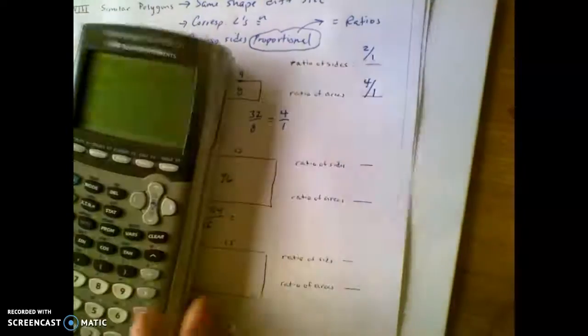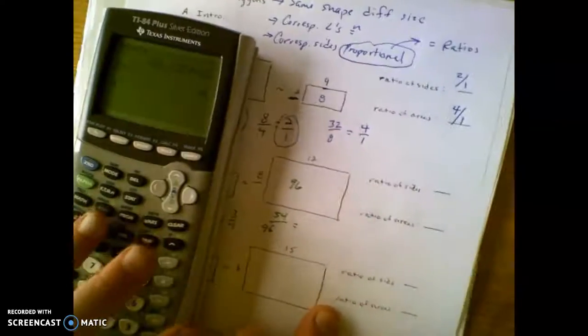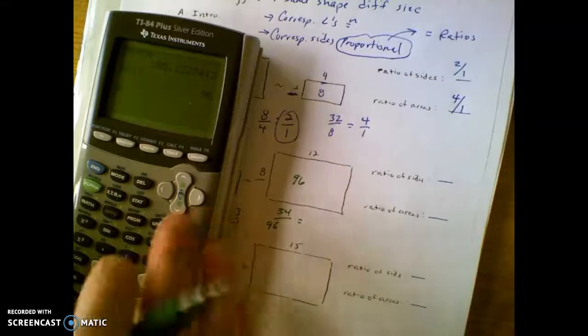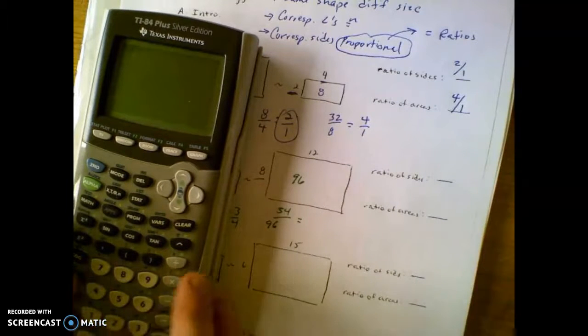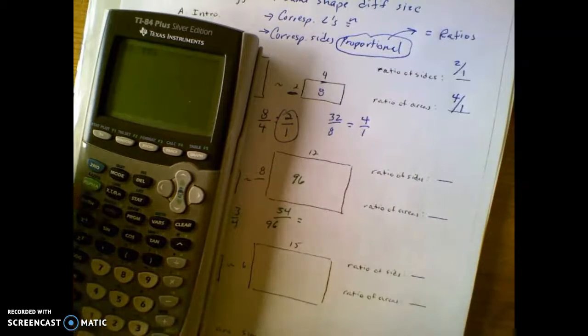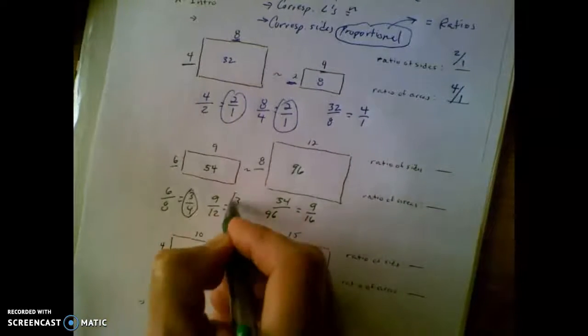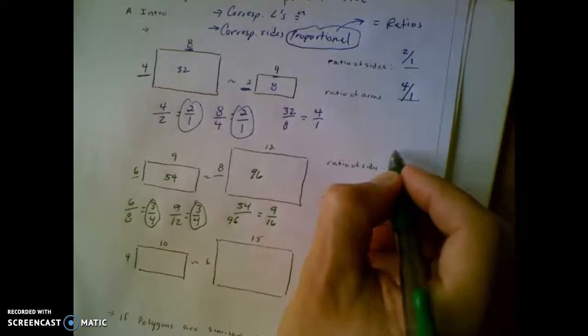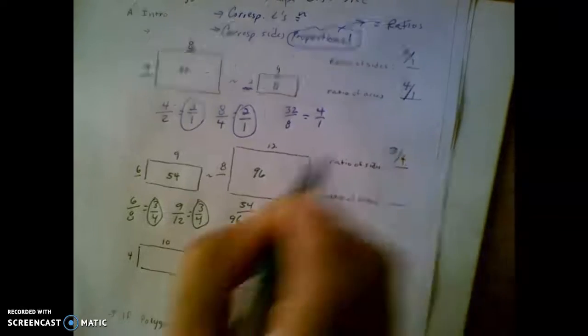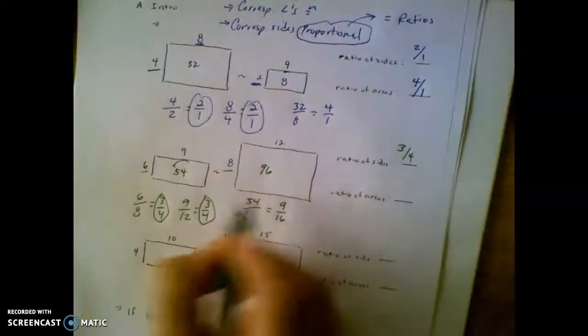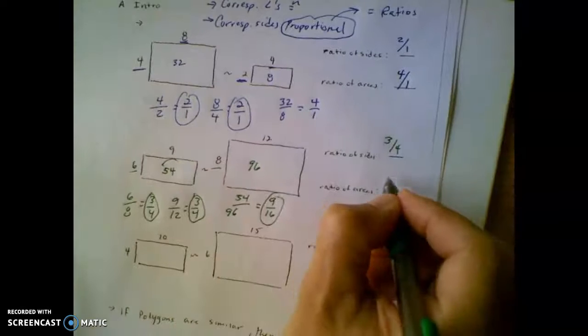I need to figure out what that reduces down to. I'm going to have to go to the calculator on that one. So I would do 54 over 96, do math, enter, and that goes down to 9 to 16. So in this one, the sides were 3 to 4 when I matched up corresponding sides. The areas were 54 to 96, reduced down to 9 to 16.